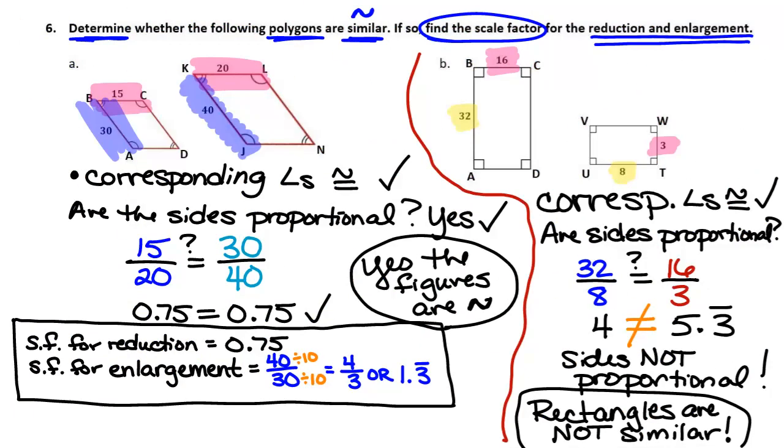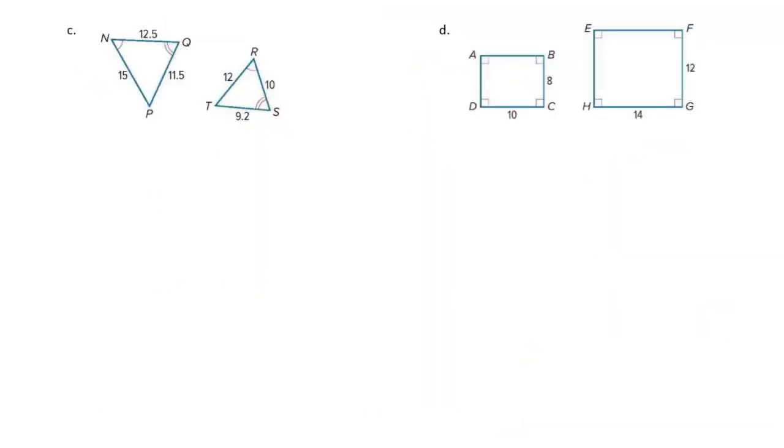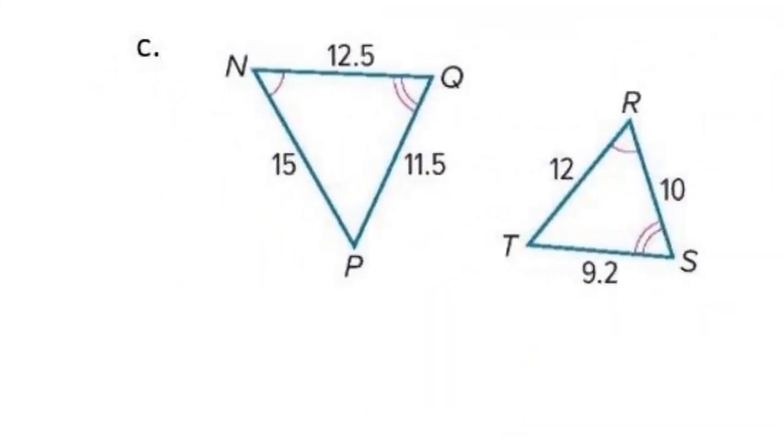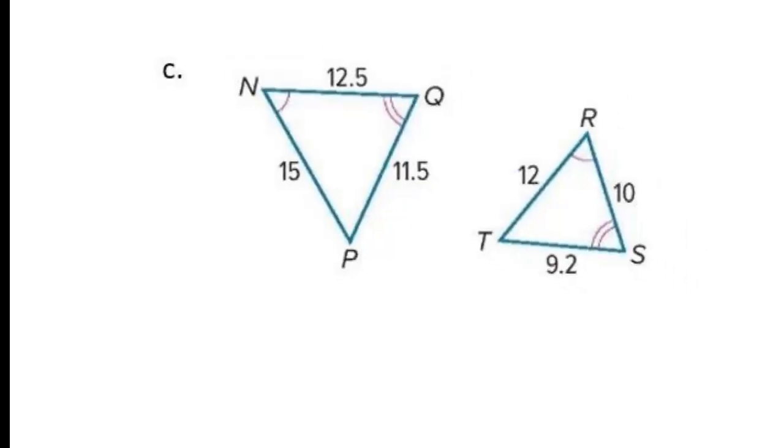Nicely done. Let's do another one like this. Let's look at number 6, part C. First thing I need to know on number 6, part C is, are the corresponding angles congruent?